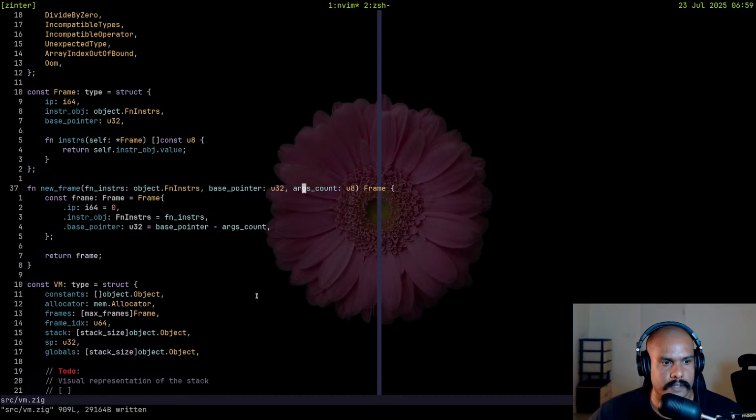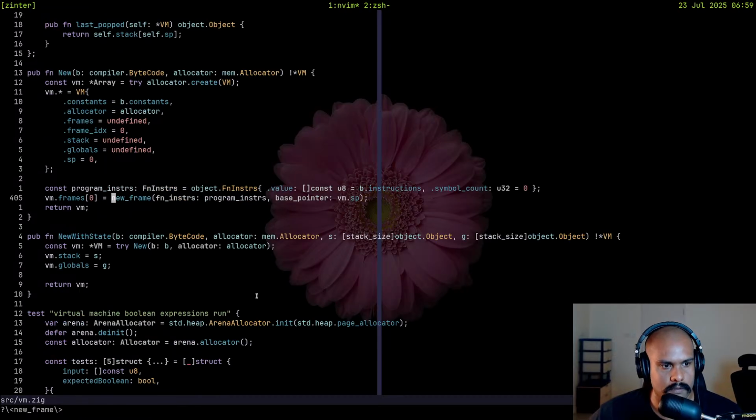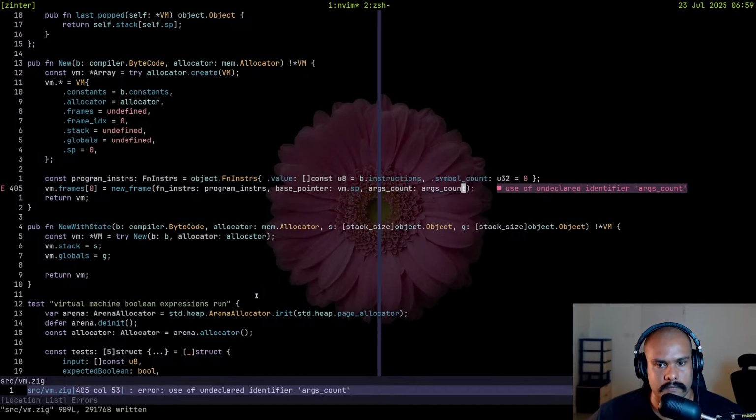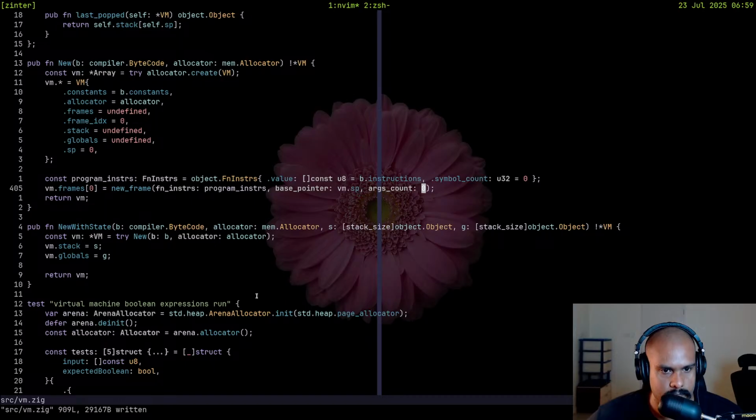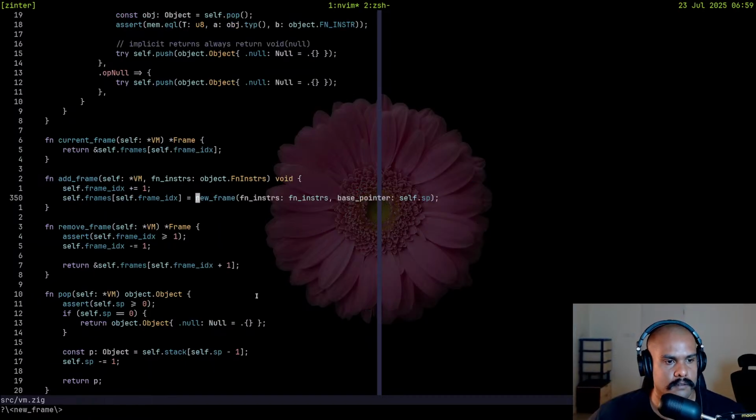Okay, so that should fail a few things. Args out. Oh no. This is 0. This is the main. And add frame. Args count.